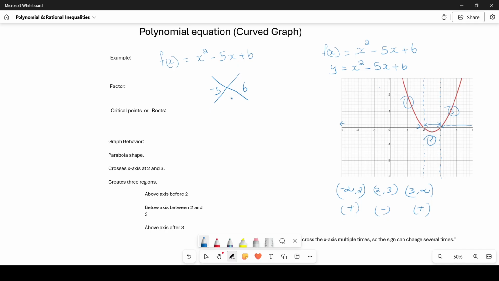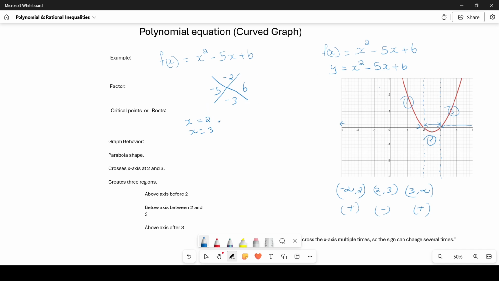Those numbers are minus 2 and minus 3, because minus 2 plus minus 3 is minus 5, and minus 2 times minus 3 is 6. So the roots are x equal to 2 and x equal to 3. See how we find 2 and 3. We can find the critical points using algebraic techniques without drawing the graph.